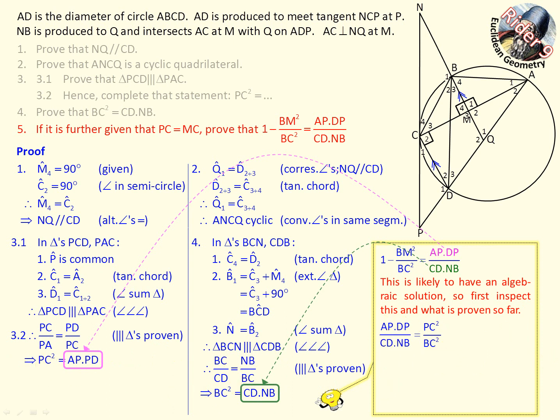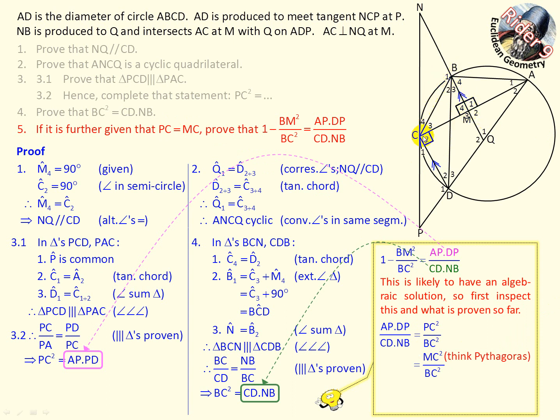There we are. Now, there's a subtraction here. The only way we'll get to a subtraction involving squares is with Pythagoras' theorem. So now PC is equal to MC. So the first thing I'm going to do is say MC squared. Now have a look at MC squared.